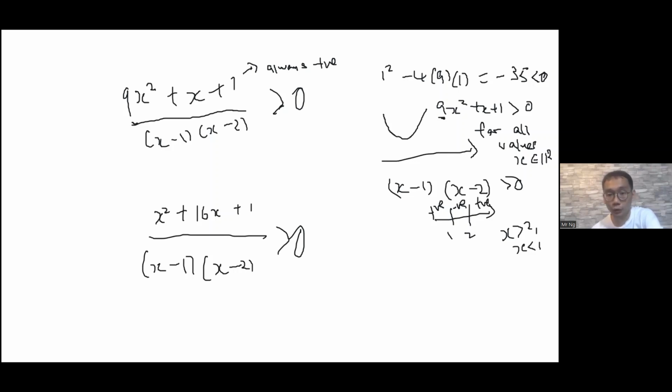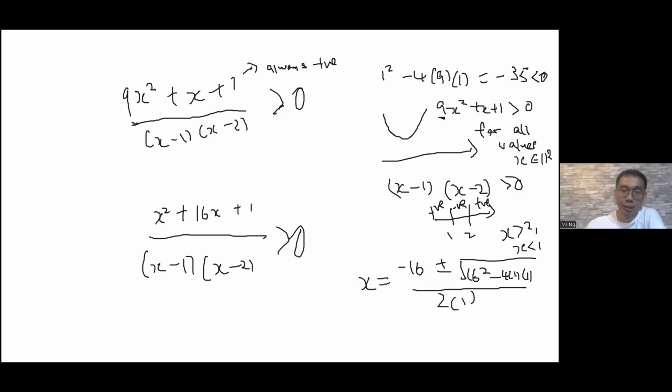So you need to find the root first. So negative b plus minus square root of b squared minus 4ac over 2a. Note that I am just calculating the roots for the top one, not for the numerator.